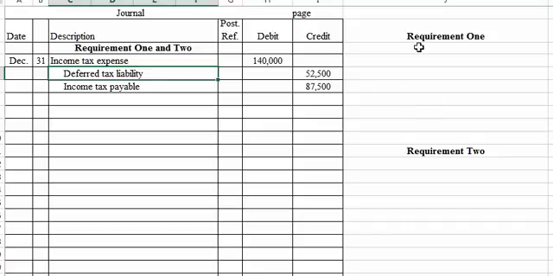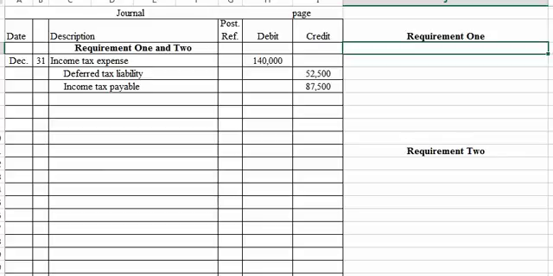Okay, now let's take this to answer requirement 1. They want to know what would be the net income.